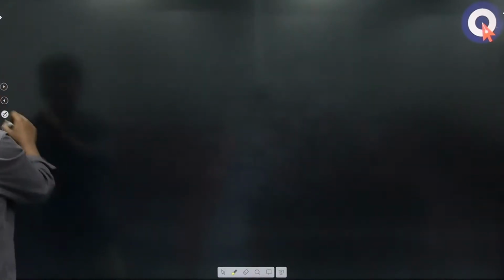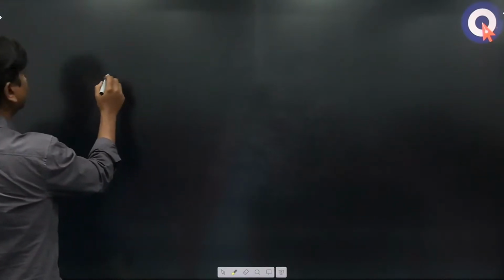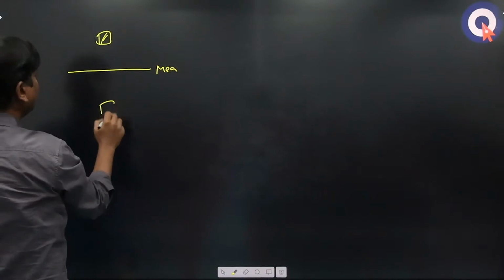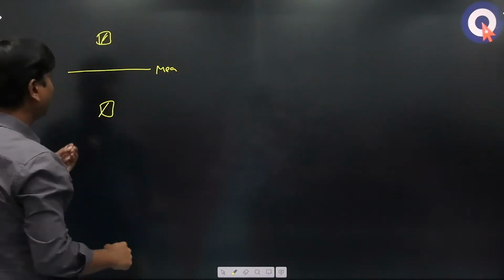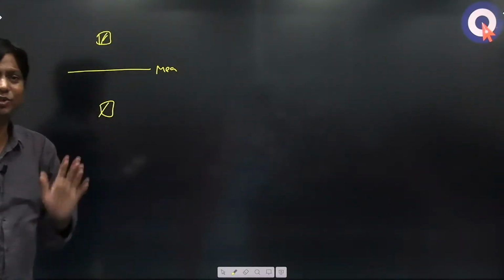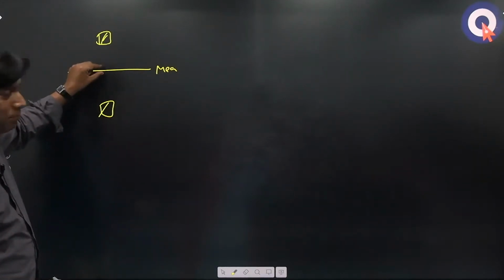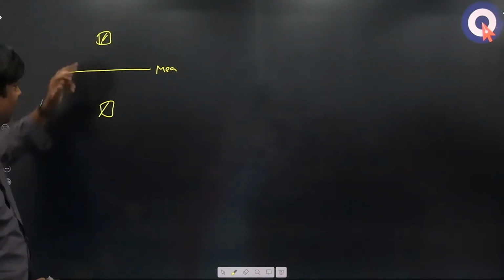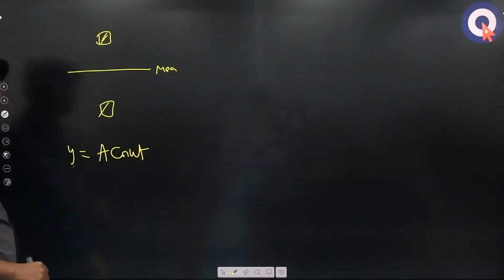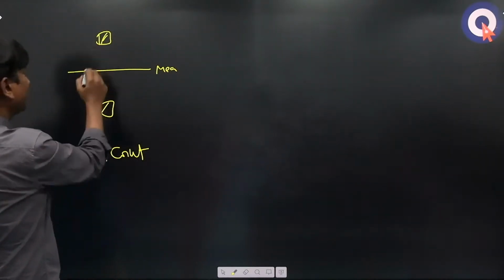Suppose this is the mean position, this is the extreme position. If it is oscillating like this, then generally, because it is oscillating in this plane, let us use y. y is equal to a sin omega t means it is at the mean position and going towards the right. But if it is at the extreme, then you have to use y is equal to a cos omega t, where y is nothing but the displacement of the particle from the mean position.